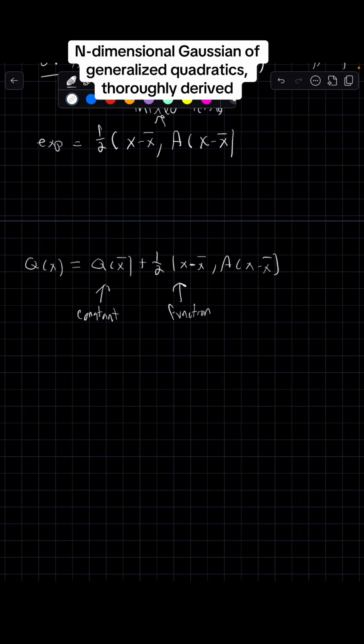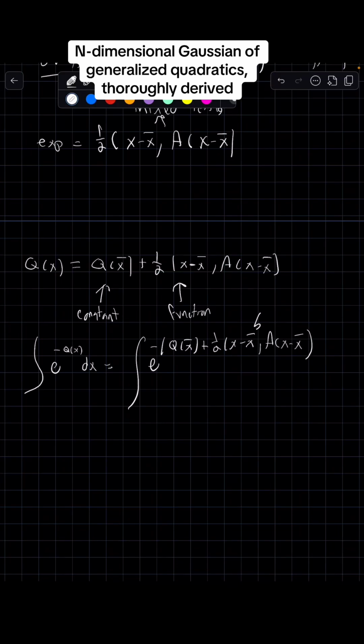So if we get our integral e to the minus q of x dx, it equals the integral of e to the minus q of x bar plus 1/2 x minus x bar A x minus x bar, which is also constant along dx.